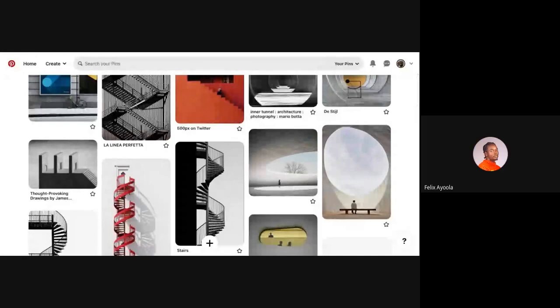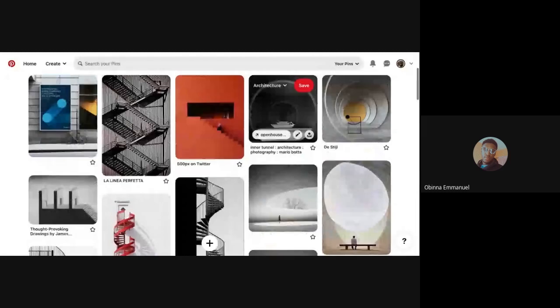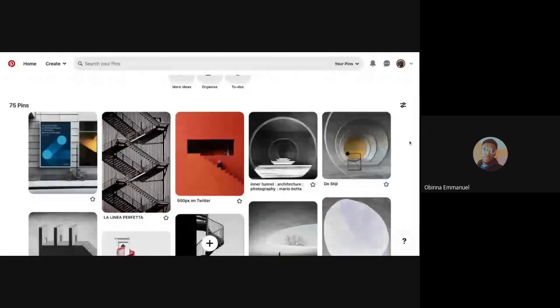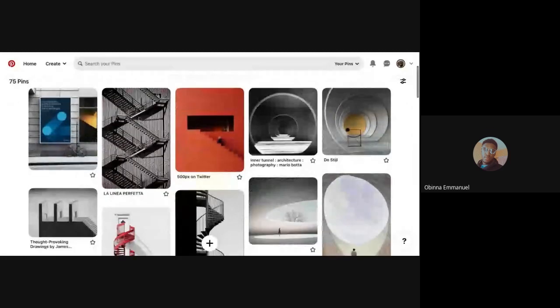Can you hear me? Destiny, let Obina go. Okay, sure. Most of the pictures are about staircases. The one I actually surfaced is the one close to the one with red. The one next to the red staircase, yeah.